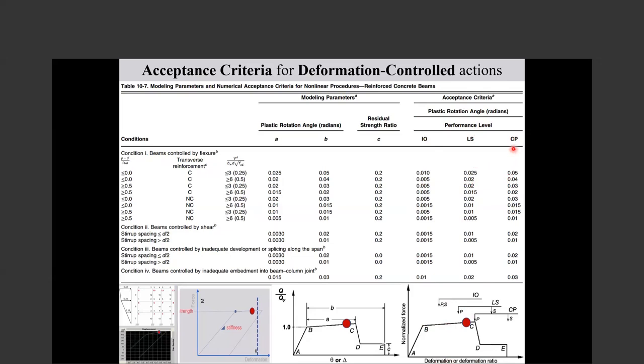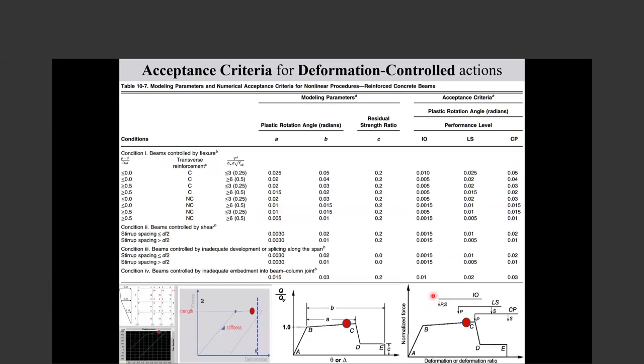Capacity for linear analysis, because we couldn't go through nonlinear, was the m factors. How much the demand is more than capacity. Demand to capacity ratio, how much? 3 times, 2 times for IO, 1.5 times, how much?